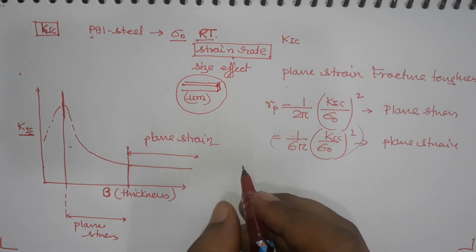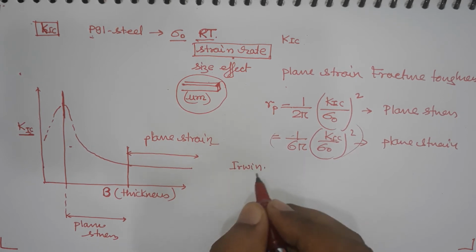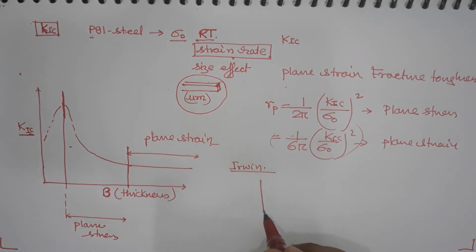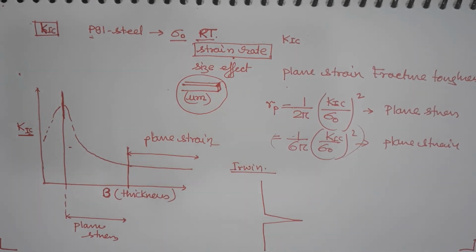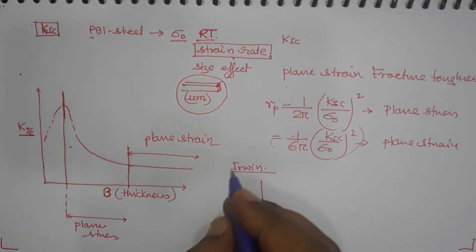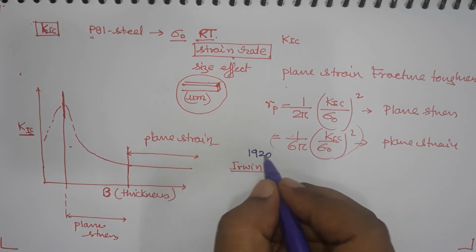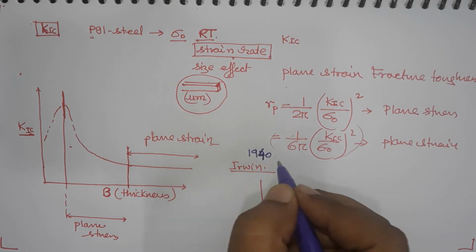it was proposed by Irwin that what happens if you have some amount of plasticity, because it was not possible to ignore plastic deformation, because we are dealing in the era of Irwin and after that. So, 1920 was Griffith, so it should be 1940 when Irwin proposed.